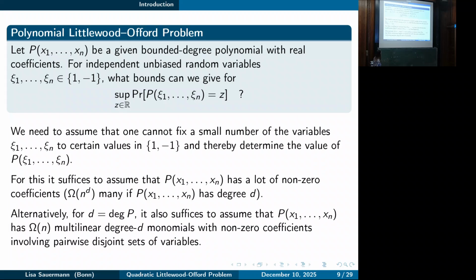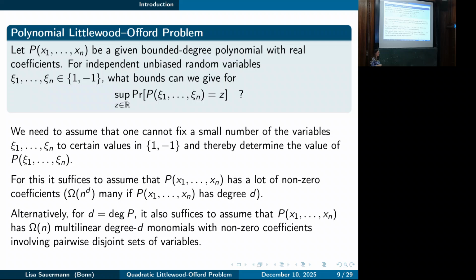So that's a natural condition that researchers have worked with on this problem in the past. An alternative condition, which is a bit weaker than that one, is the following. If the degree of the polynomial is d, then it also suffices to assume that this polynomial has linearly in n many multilinear degree d monomials with non-zero coefficients involving pairwise disjoint sets of variables.